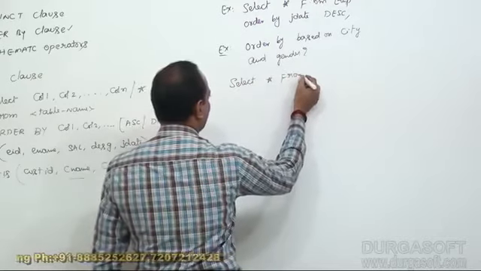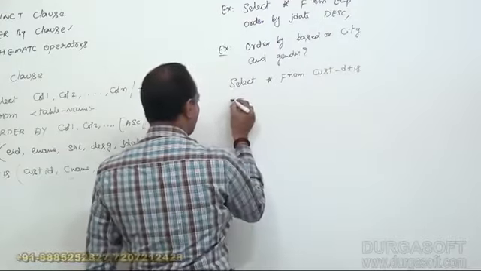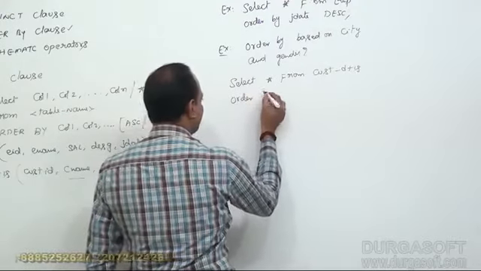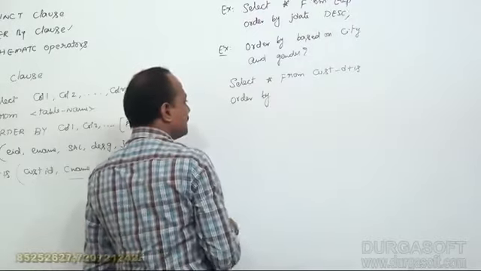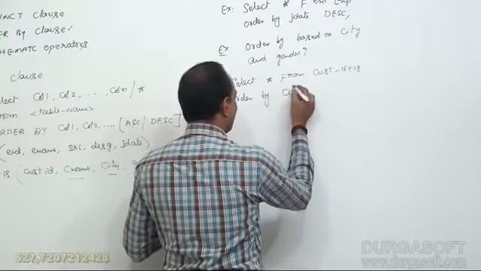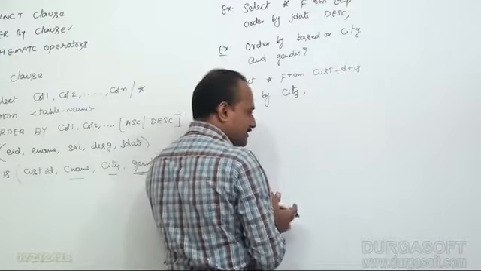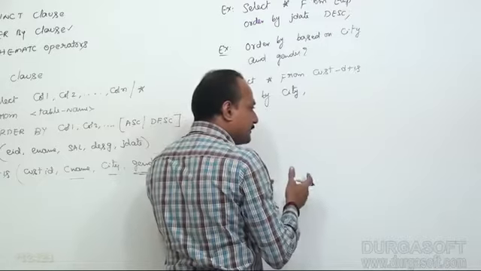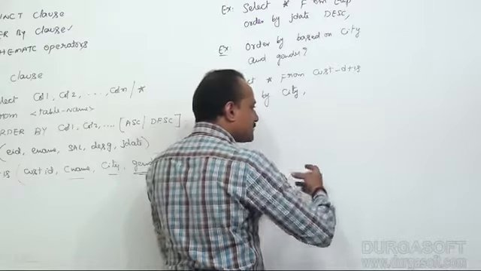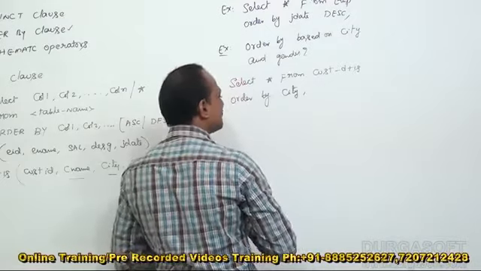So how should I select? Select star from customer details order by, see, first order the data according to city column. If multiple customers are there from the city, then all females should be displayed together and all males should be displayed together.